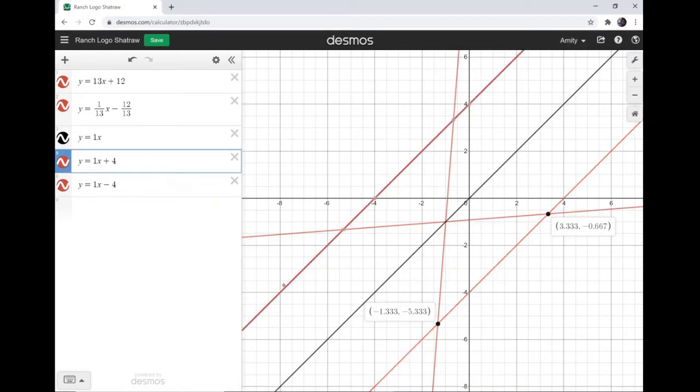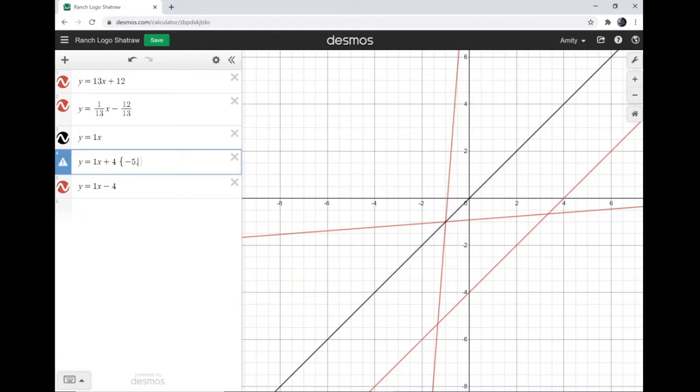So if I go over there and I highlight, then it tells me, hey, that's this box. So if I want to make these changes, then I'm going to use what? -5.3 and negative 0.6, sorry. So I'm using my set notation here. Negative 5.3 is less than or equal to x is less than or equal to 0.6.